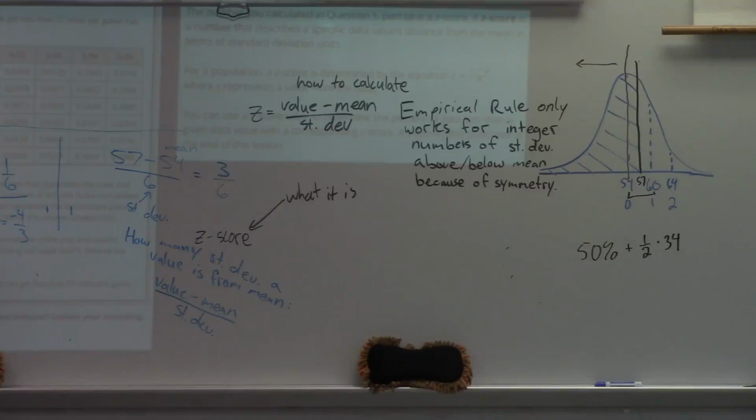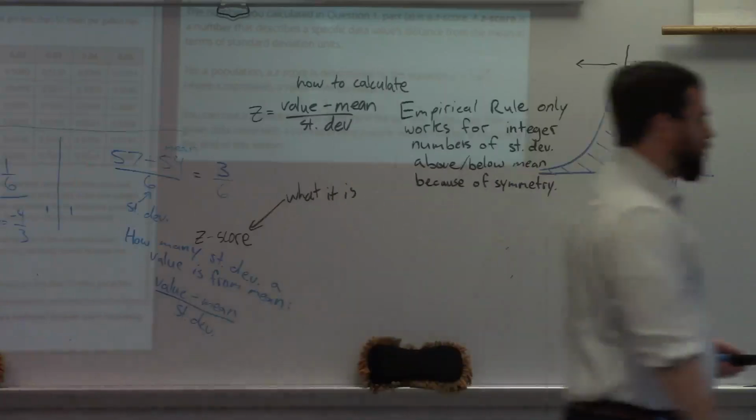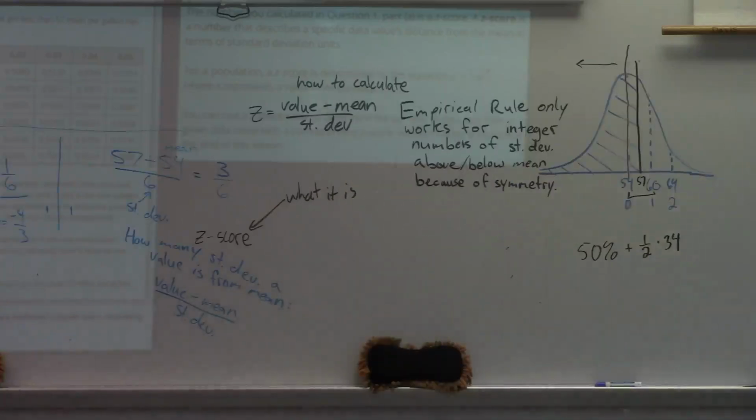And so you can use a table, but I live in the 21st century, so instead of using a lame table, I'm going to use that calculator, okay? You can learn how to use the table, but it is actually a bigger pain because you have to account for taking areas away and all this stuff. And so what I'm about to show you is how to use the calculator with that z-score that we just computed.